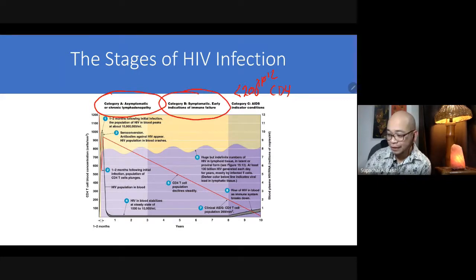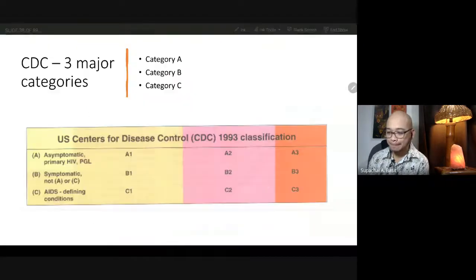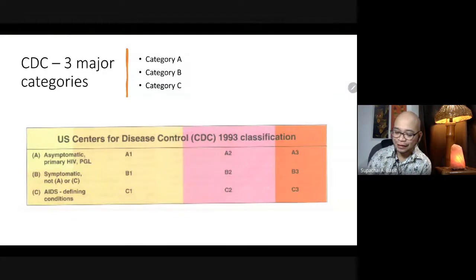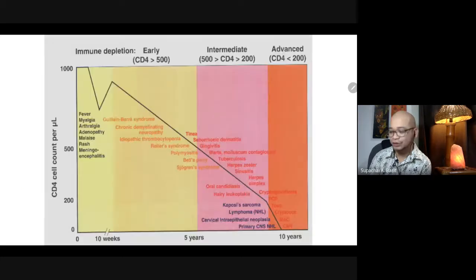Category B is characterized by symptomatic or early indication of immune failure, while Category C is characterized by AIDS indicator conditions. Okay, so these are the three major categories, and Category C is already classified as the AIDS defining conditions.